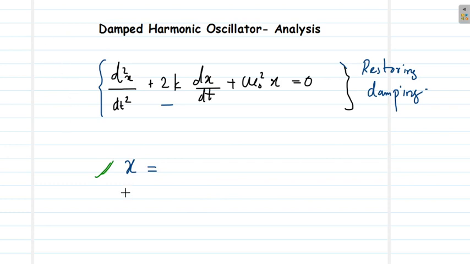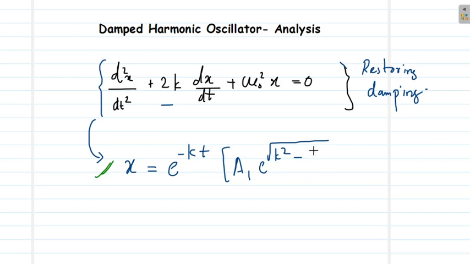Now we had obtained the equation of the damped harmonic oscillator by solving this differential equation as x is equal to e raised to minus kt into a1 e raised to root of k square minus omega 0 square into t plus a2 into e raised to minus root of k square minus omega 0 square into t.